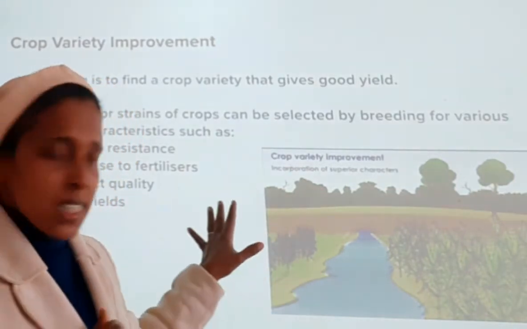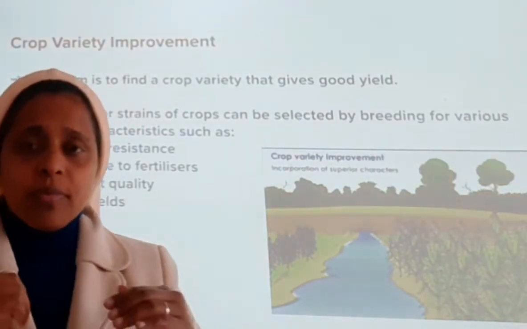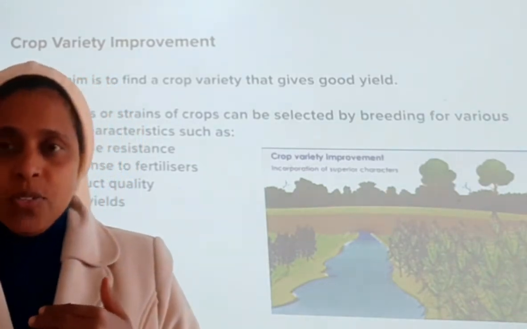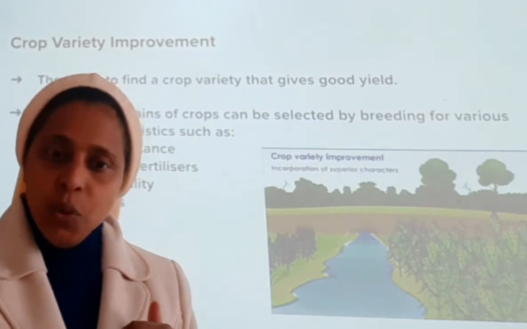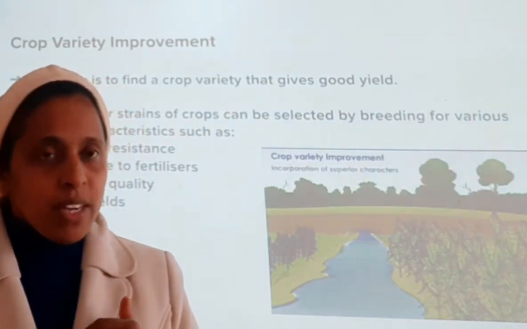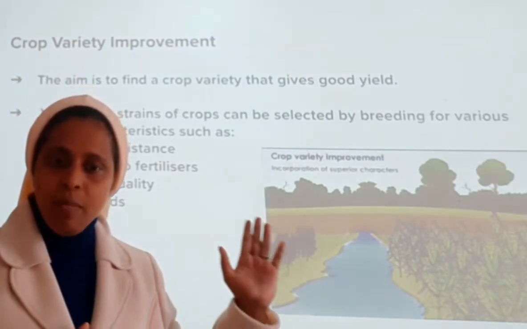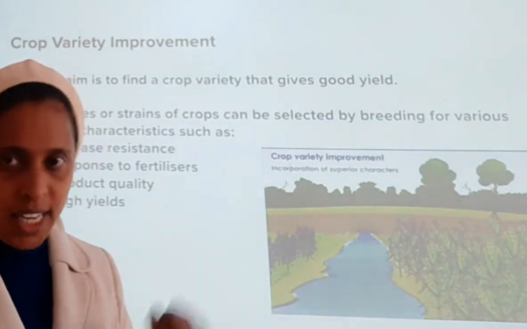And last but not the least, it is high yield. It can give a huge amount of production because we have a huge population. So these are the 4 things that we will be considering if we are planning for crop variety improvement.